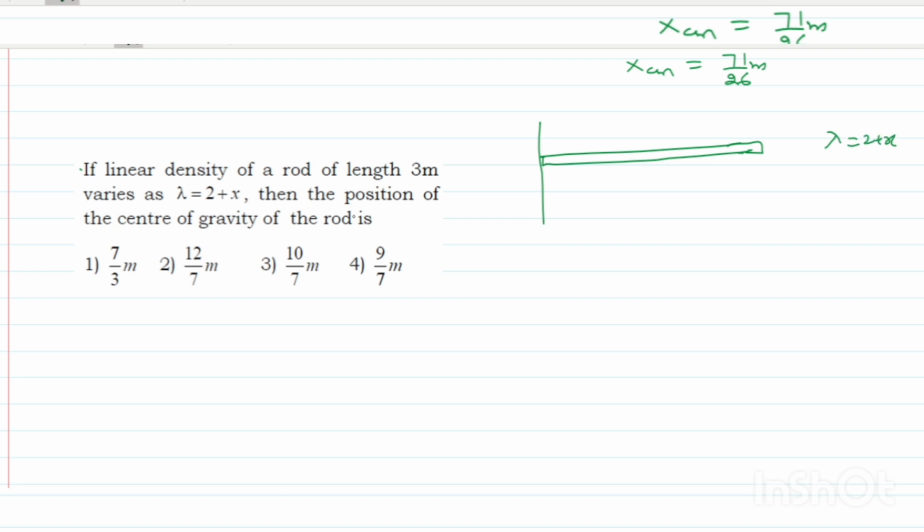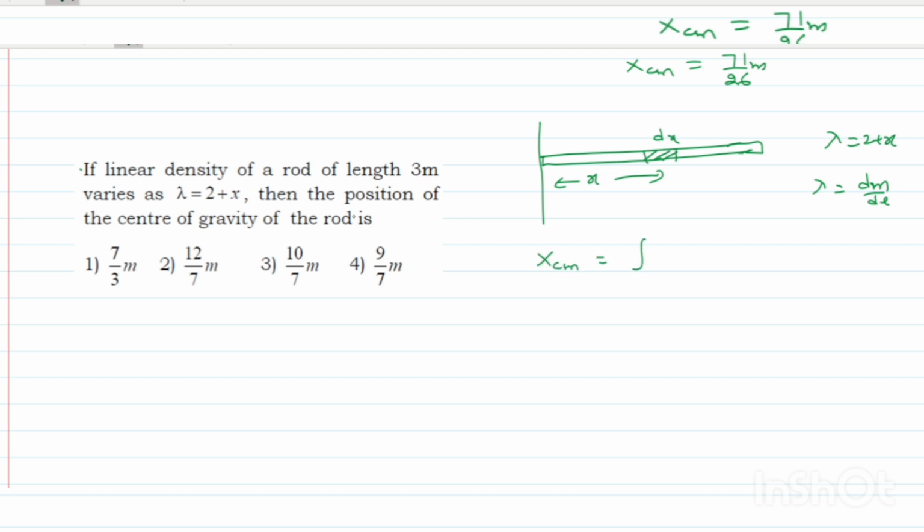Here you can take a small elemental length dx at a distance x from the origin. The linear mass density for a small elemental length is lambda equals dm by dl.